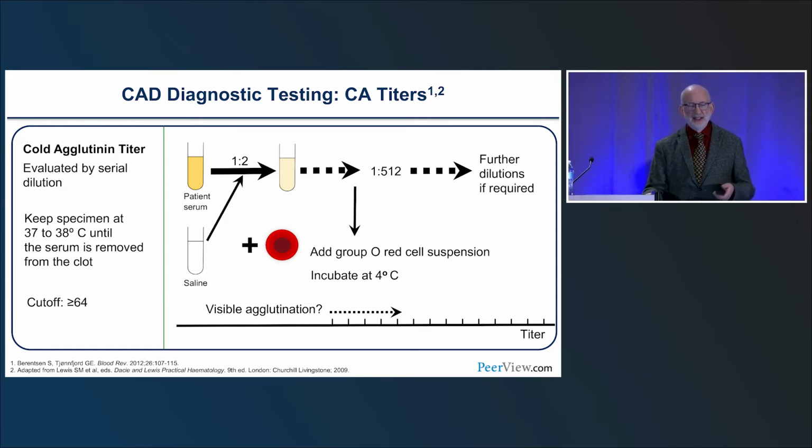And if there is still a positive test, you have to make further dilutions until the test is negative. And to each dilution, you add group O red cell suspension and incubate at 4 degrees, and you look for agglutination, and the titer is the inverse of the dilution that displays the highest dilution that displays agglutination.